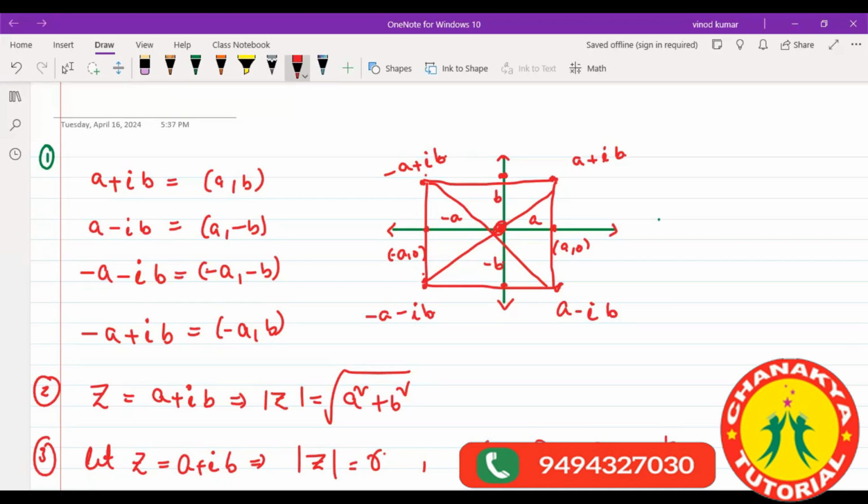These two are the amplitude or argument of z.